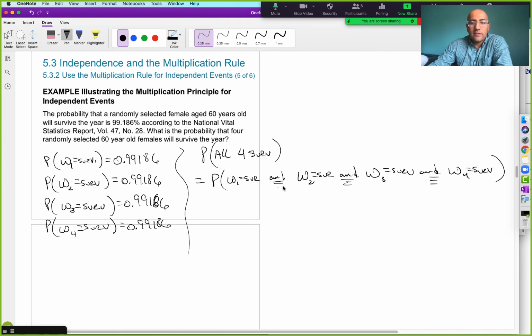Right? All of these things have to happen. We're assuming they're all independent because they're randomly selected. All 4 independent.